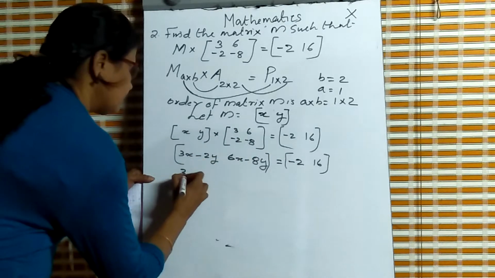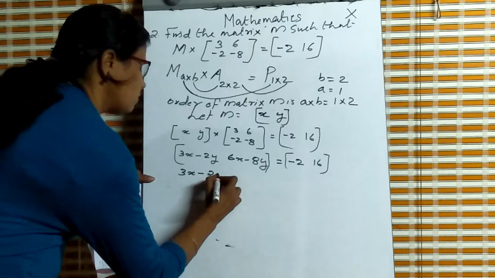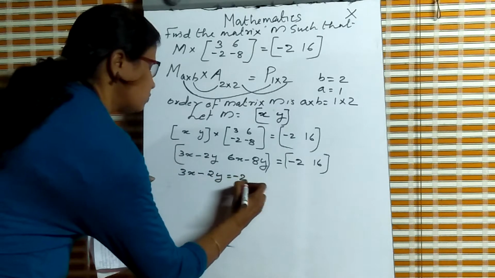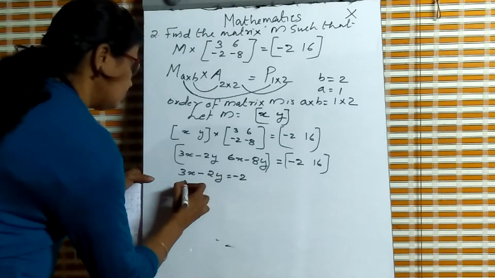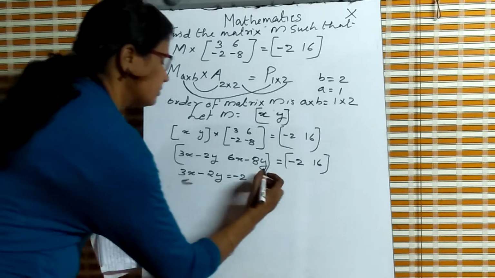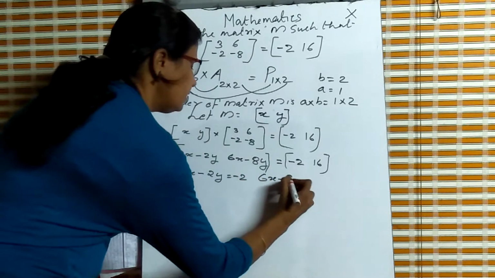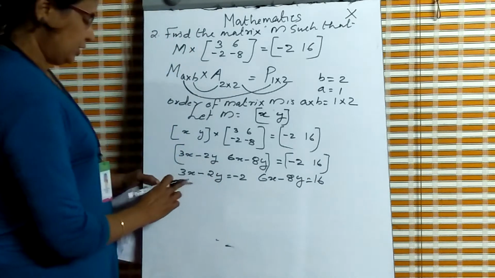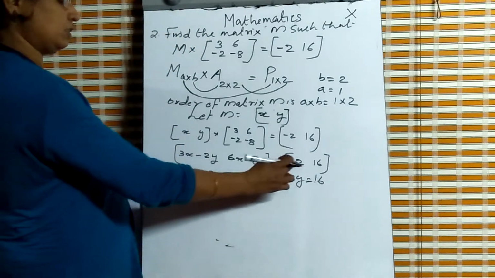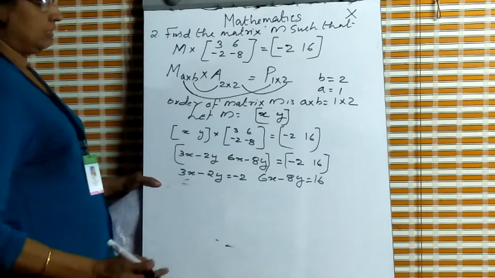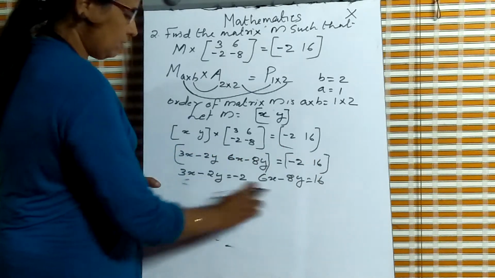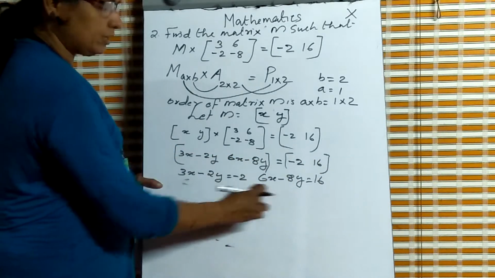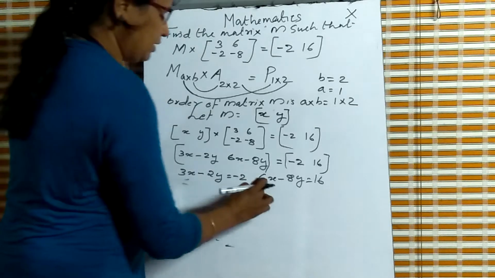Then equating, 3x minus 2y is equal to -2 and 6x minus 8y is equal to 16. We have two equations, and we have to solve these two and find x and y.